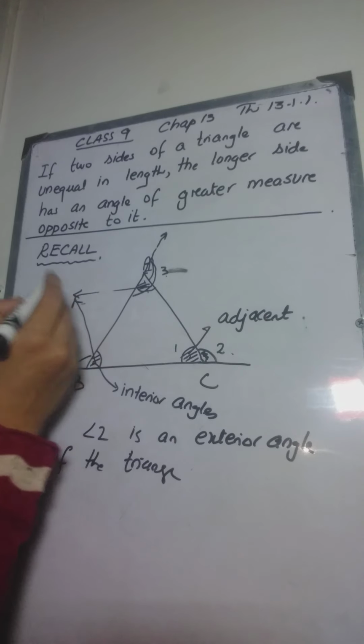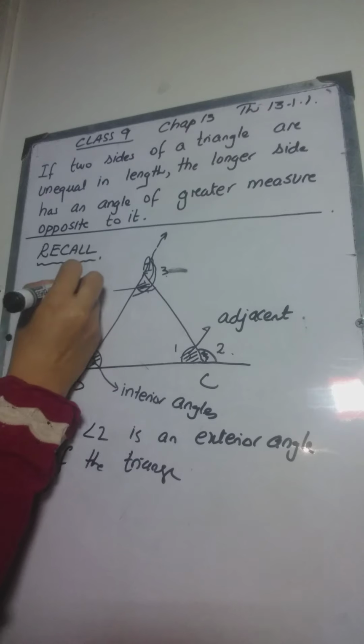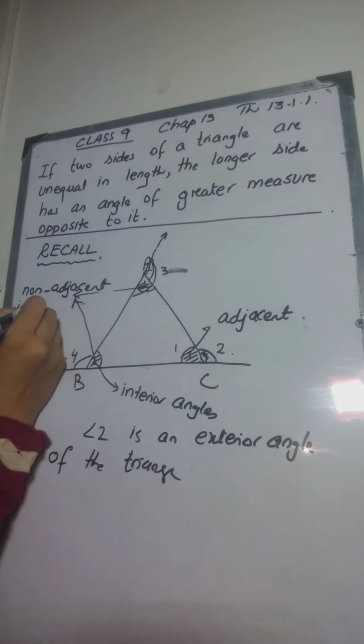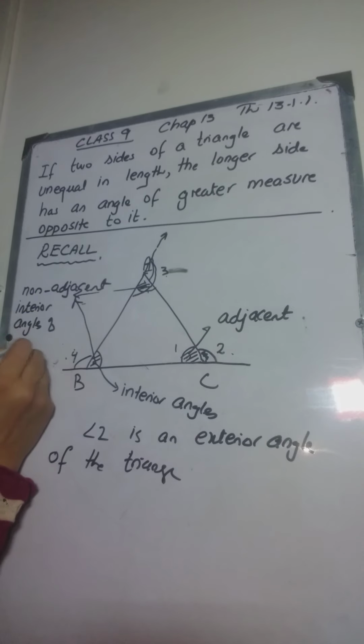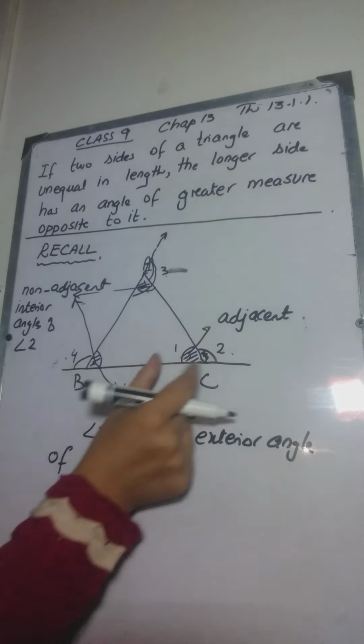These are called the non-adjacent interior angles of angle 2, because these are those interior angles which are not joined with 2.